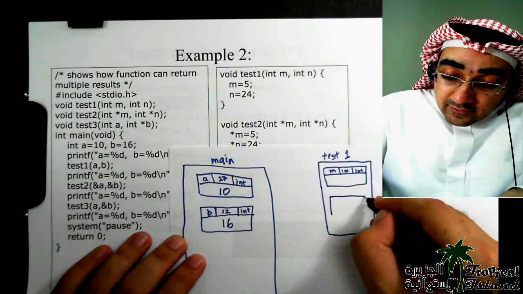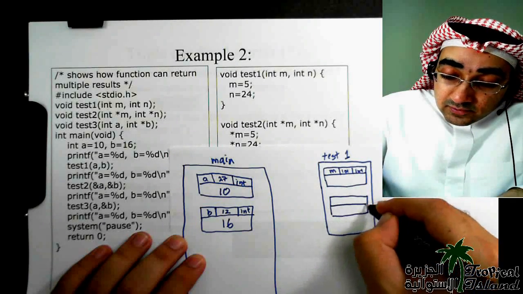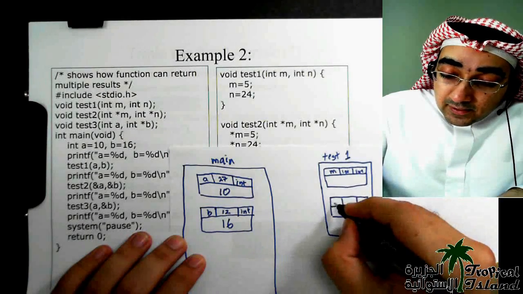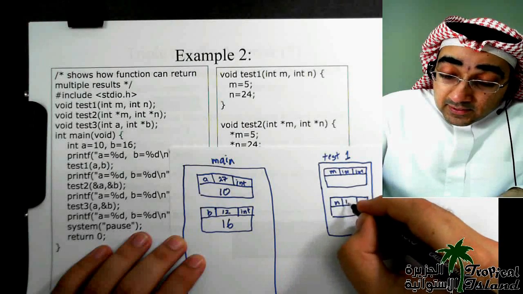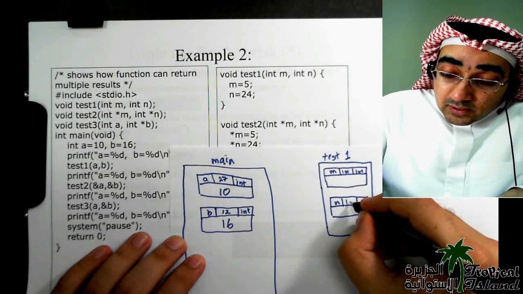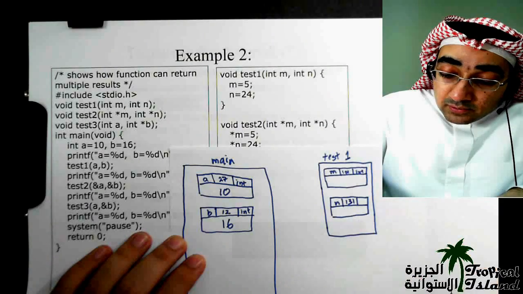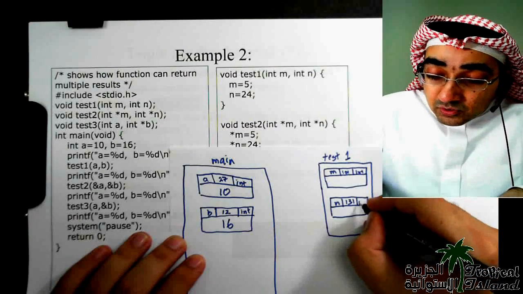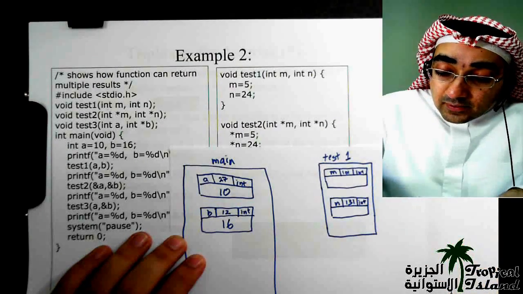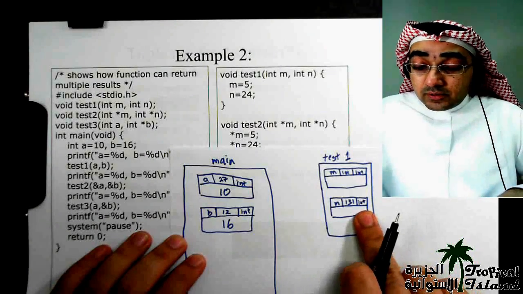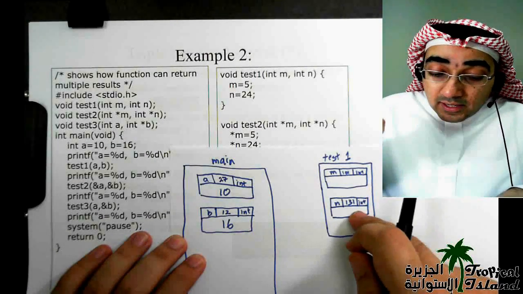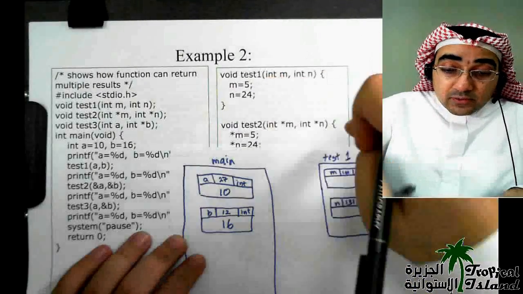Then I have another variable, n, maybe at 131, for example. It could be any number, I'm just choosing random numbers here. The compiler comes back with an address, it has an integer type, and it currently holds a random value.